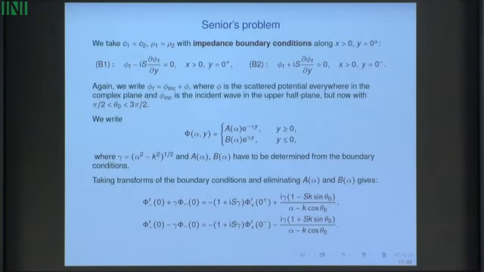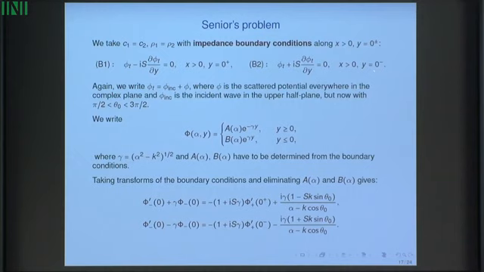But the numerical scheme can be applied to solve matrix problems. One matrix problem is this so-called Senior's problem, where we have the same impedance boundary conditions on top and bottom sides of the half plane. So we have conditions of this form here.